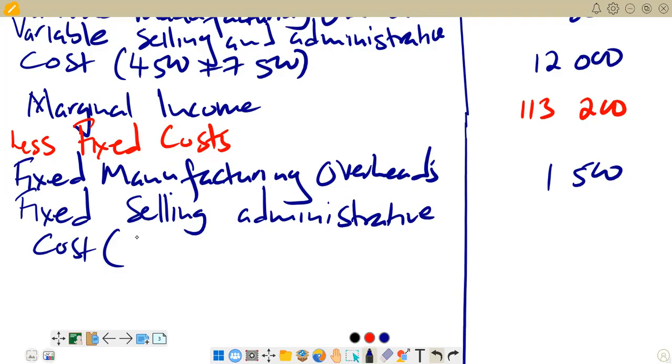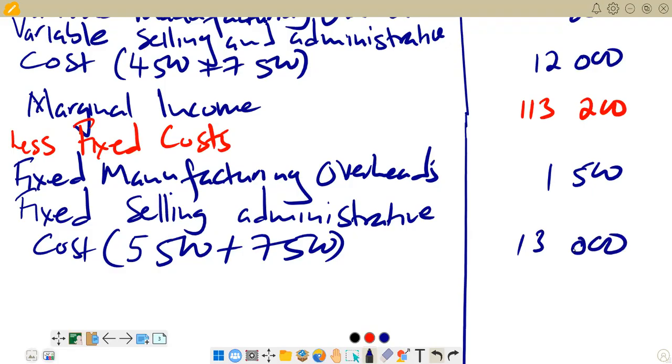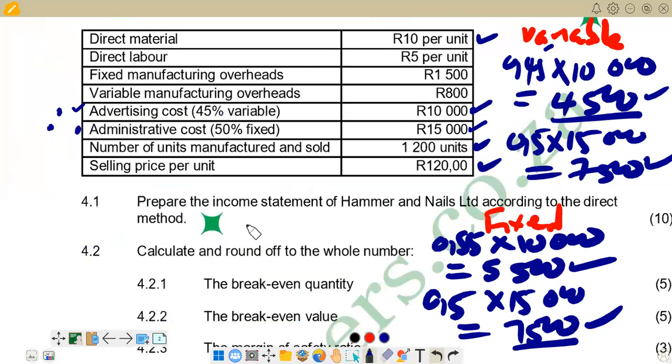And remember, we are saying 5,500, and then we're adding 7,500. If we add the two there, you get 18,000 here. You would see that this is the last part of the fixed costs.